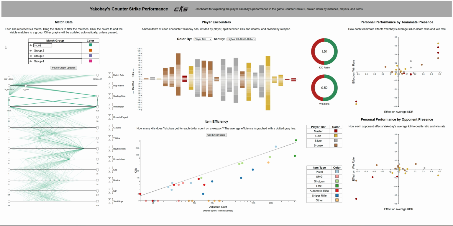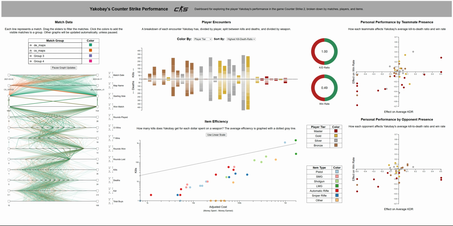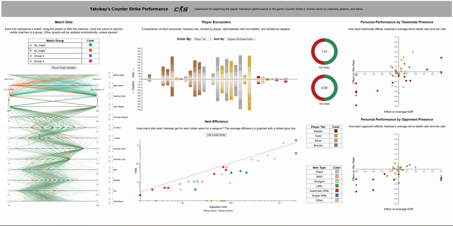So this could be CS maps, and this can be DE maps. And actually, this will be CS. This will be DE. I could say that that's how it looks, and then I could look at them together. I could separate them out and look at the subset of the information there.